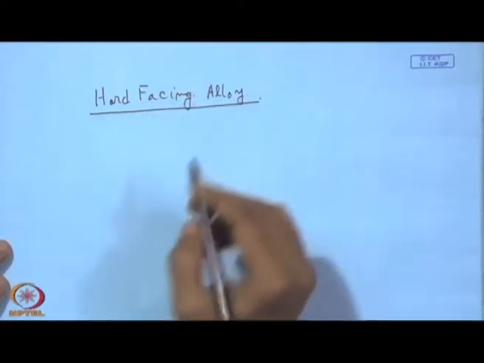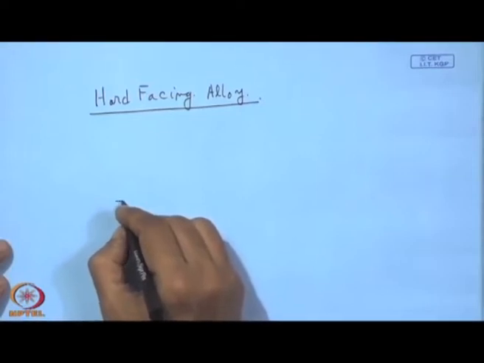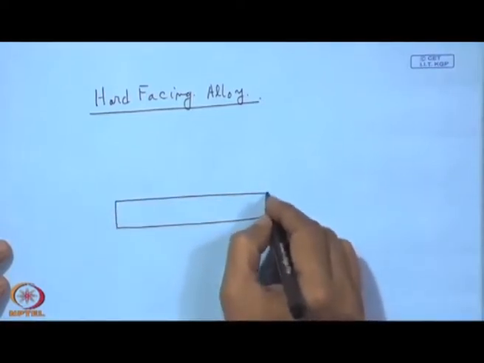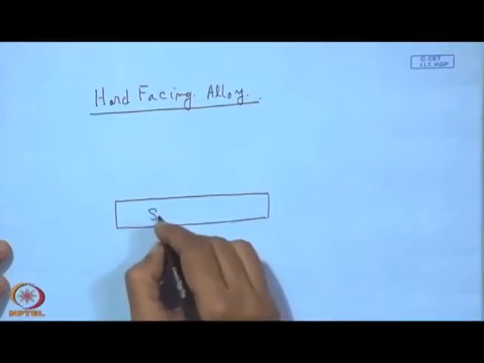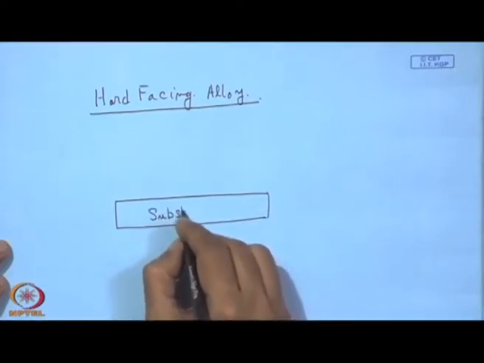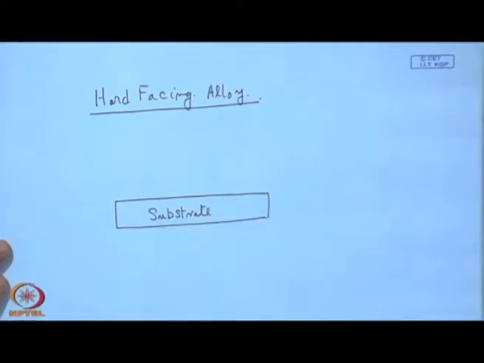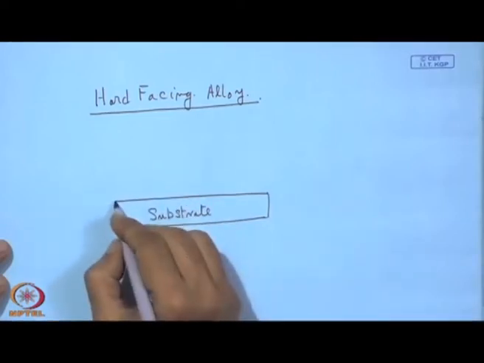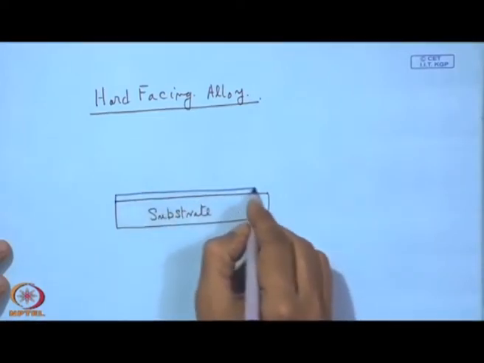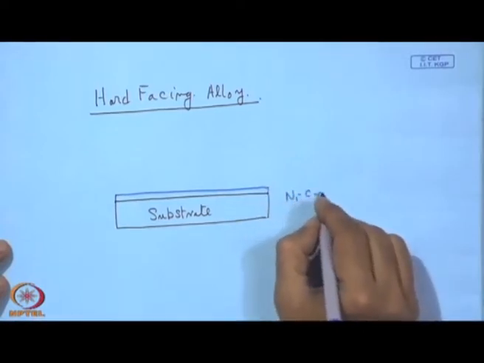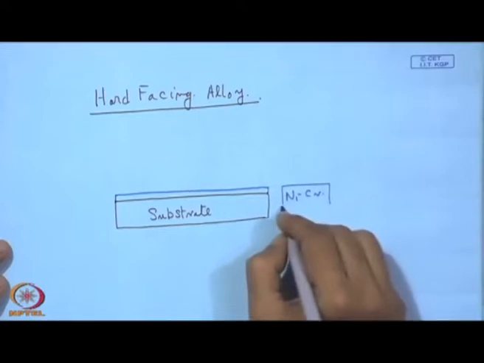The way it is done, say this is a substrate, and over that we can put this flame sprayed material, which will be nickel chromium base; at least it should have some chromium.